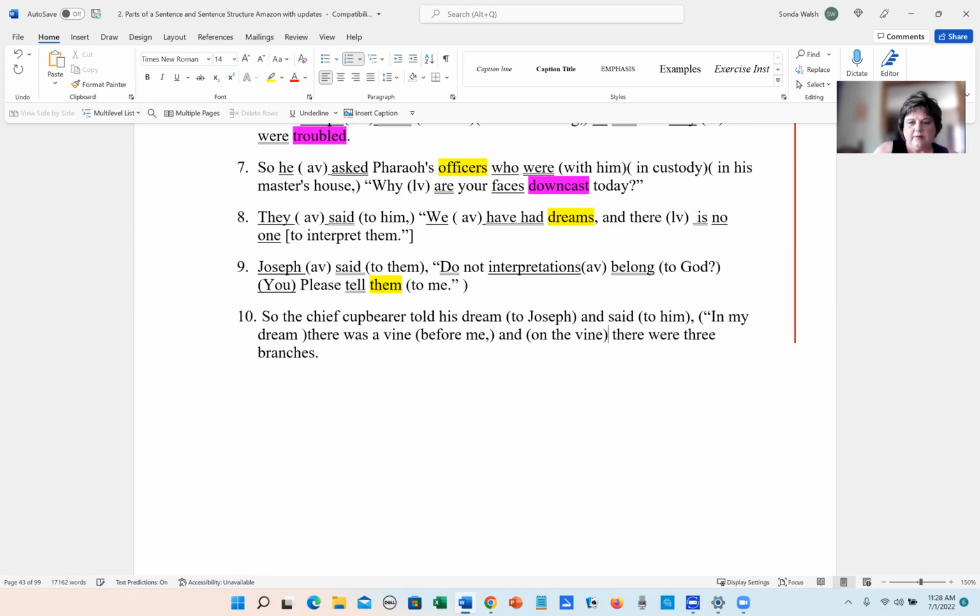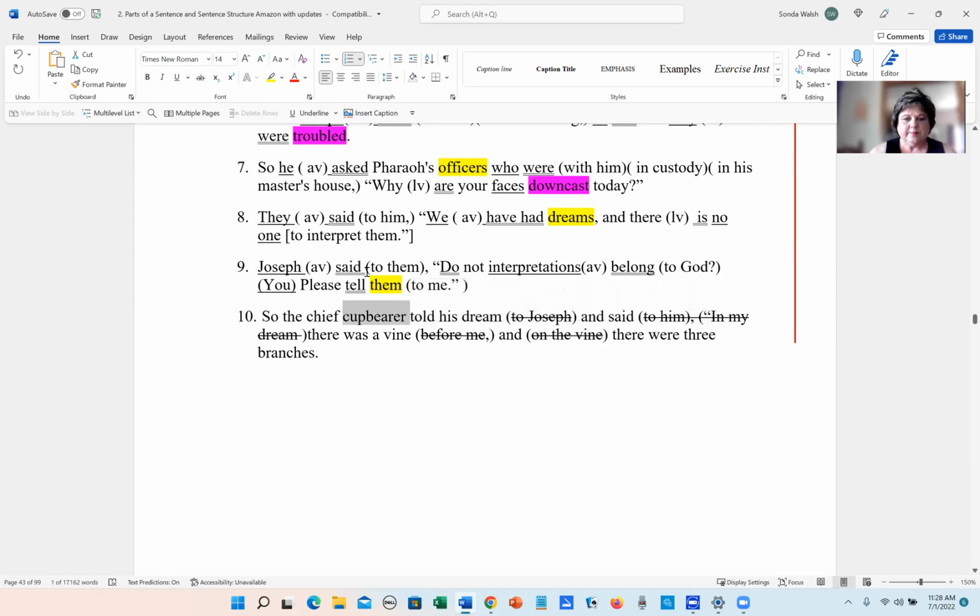So let us draw a line through these so we don't get confused when there's a lot of them. So we will not find a direct object, an indirect object, a predicate nominative, a predicate adjective, or a subject inside of our prepositional phrases. Now, sometimes the prepositional phrase could be the subject, but that's rare. I think we've seen that one time. Okay, so let's go here and find our subject.